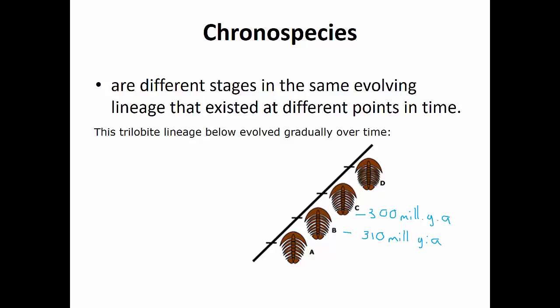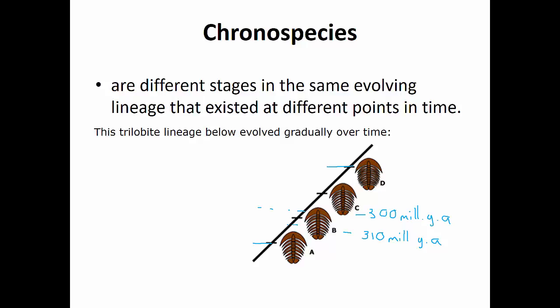But because they're a chronospecies, evolving and existing at different points in time, should we consider A to be separate from D? Or should we consider them to be the same species? And if we do decide that they're different, where do we split it? Do we say, oh, B and A are the same species, but C and D aren't?